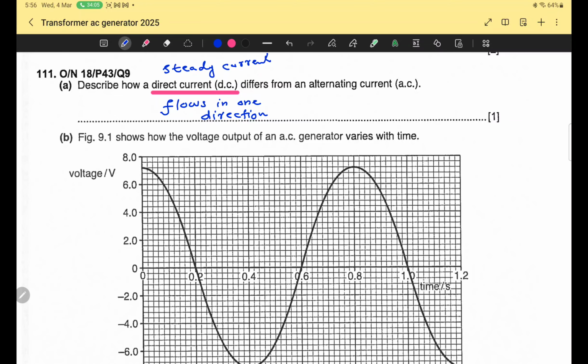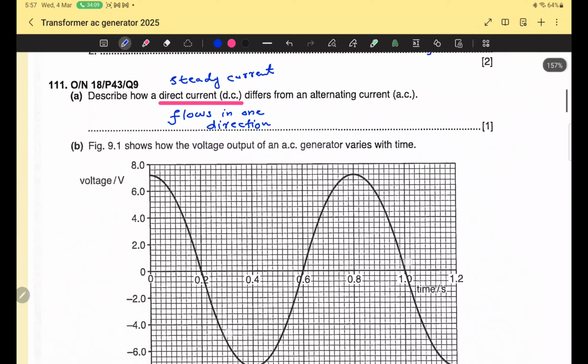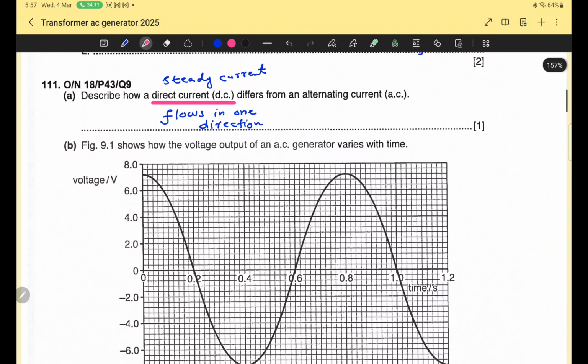If someone asks me to draw the graph of DC, the graph of DC is like this. Consider the voltage is 4, and you can see its value remains constant. Number two, no change in direction. Neither direction nor value is changing. So it is steady DC.